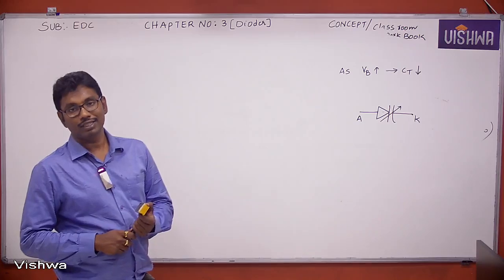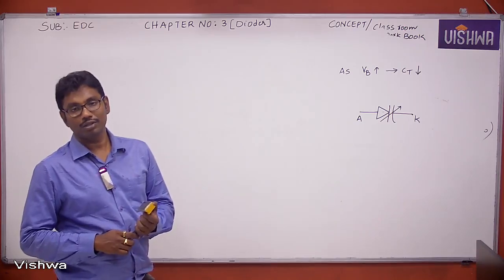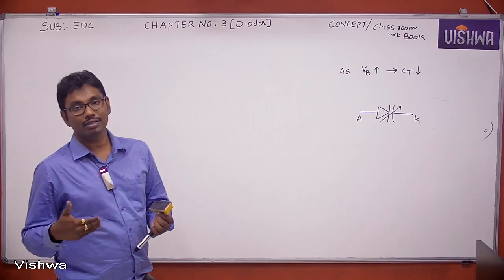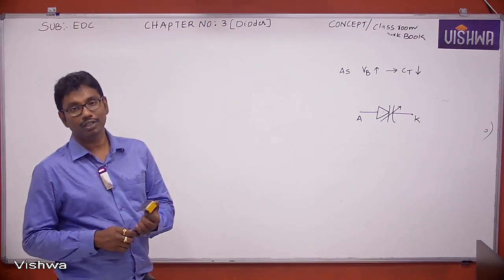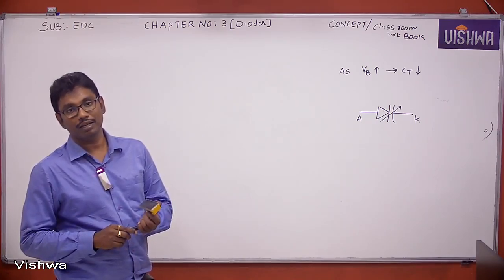If the reverse voltage increases to 7.3 volts, then the junction capacitance will be?